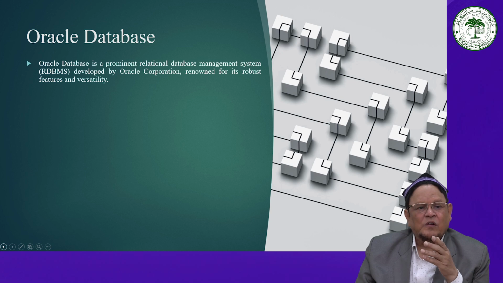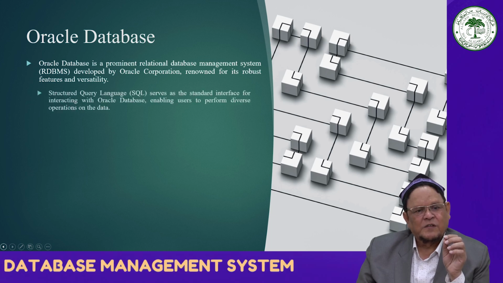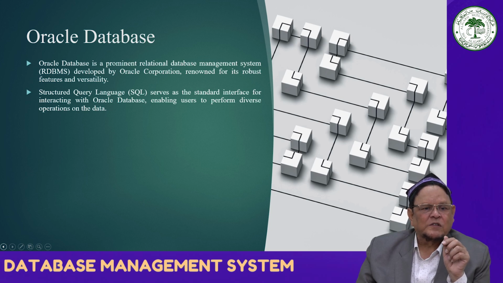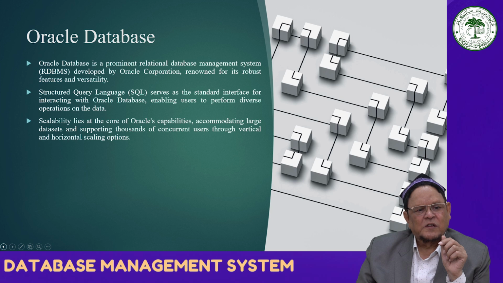That is a diagram you can see. Oracle Database is a prominent relational database management system developed by Oracle Corporation, renowned for its robust features and versatility. Structured Query Language serves as a standard interface for interacting with Oracle Database, enabling users to perform a diverse range of operations in the database.